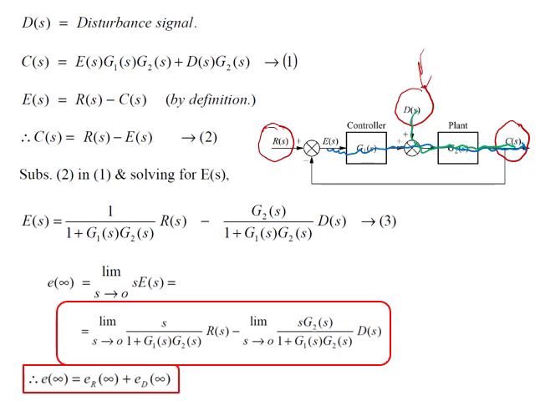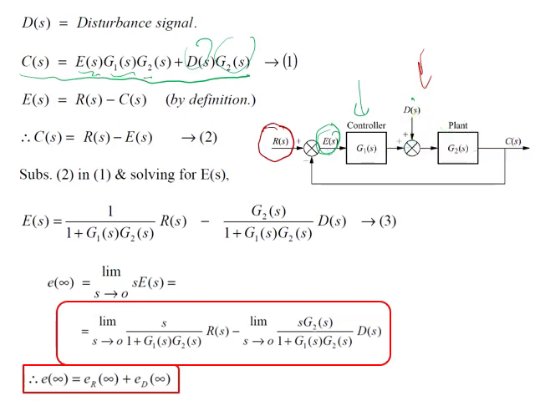Notice that D(s) goes through the plant only, but E(s) goes through both the controller and the plant. So the expression is: C(s) = E(s)G1(s)G2(s) + D(s)G2(s). That's how we can consider it.